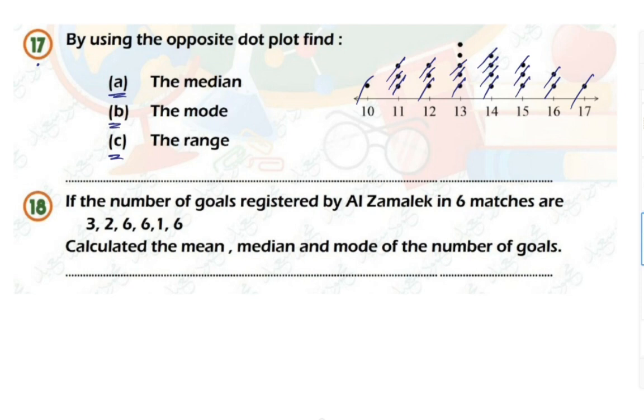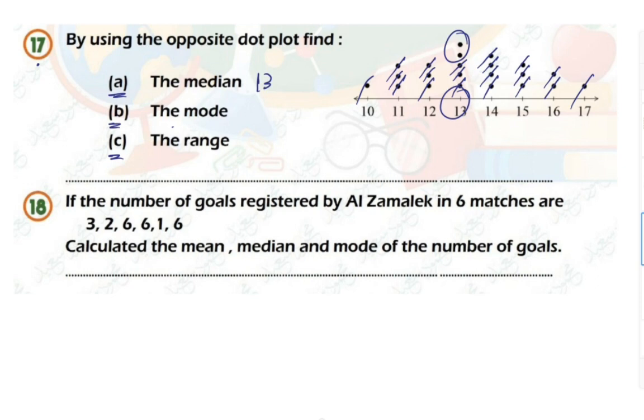What do you find? We have two dots left, both of 13, so the median is 13. I think that's easy. Next, the mode. What's the mode? The value that occurs most often, right?